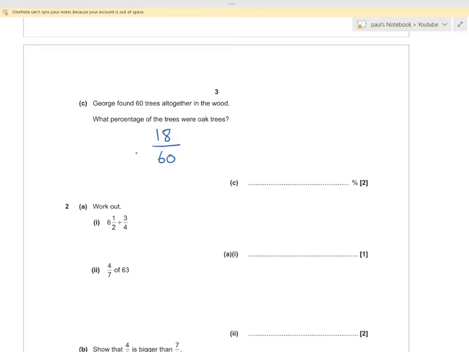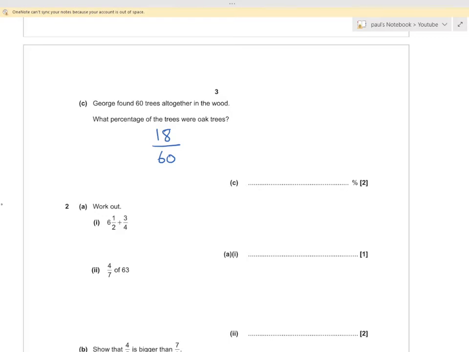Let's simplify this for a little bit, see where we're going with this. 60 trees altogether. What percentage of the trees were oak trees? That doesn't work out very nicely because 3 18s are... Okay.